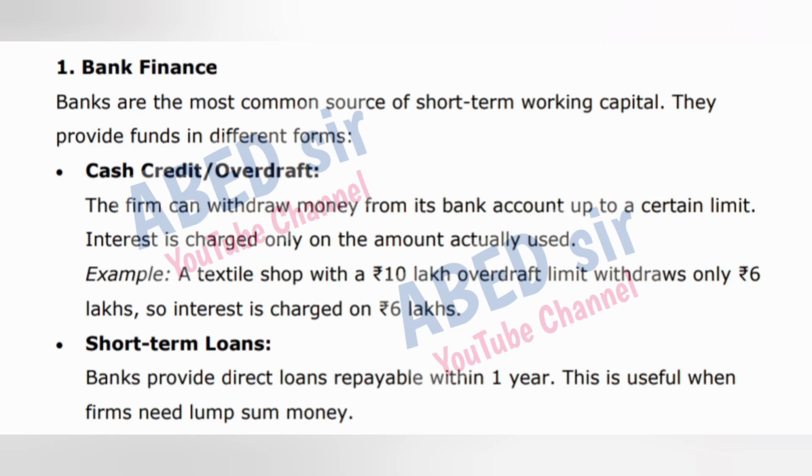Example, a textile shop with a 10 lakh rupees overdraft limit withdraws only 6 lakh rupees, so interest is charged on 6 lakh rupees. Short-term loans. Banks provide direct loans repayable within 1 year. This is useful when firms need lump sum money.